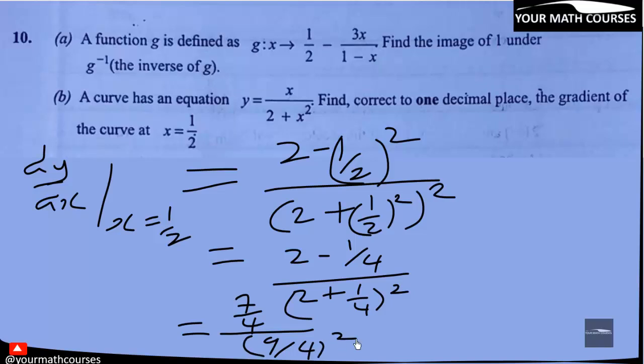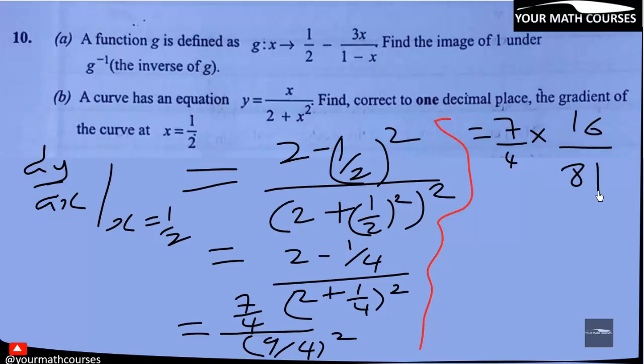So this will further give us 7 over 4 times 16 over 81. So you square this, you get 81 over 16.